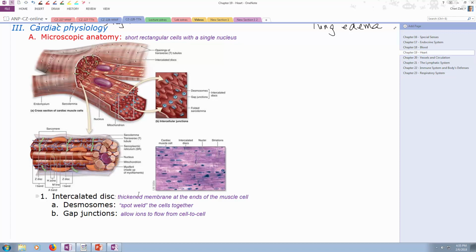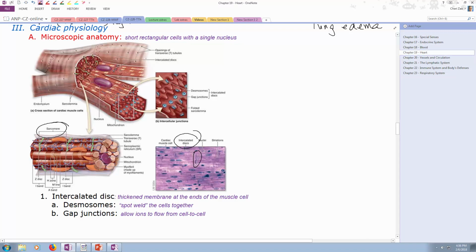The interesting thing about heart muscle cells, and here we also have that little drawing of a sarcomere to remind you of that, is a phenomenon called intercalated discs. They're very obvious whenever we have a good specimen that has proper staining. Those are intercalated discs.